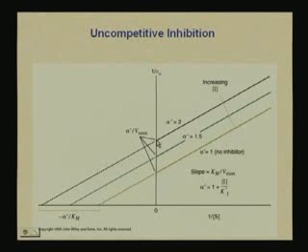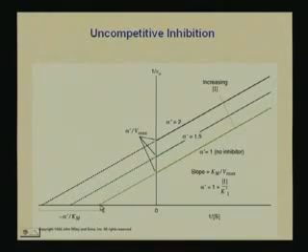So if you get parallel lines for your inhibition, you know that the inhibitor is an uncompetitive inhibitor of the enzyme. If you get lines that have an intersection on the y-axis, then it is a competitive inhibitor. If you have an intersection on the x-axis, it is a non-competitive inhibitor.